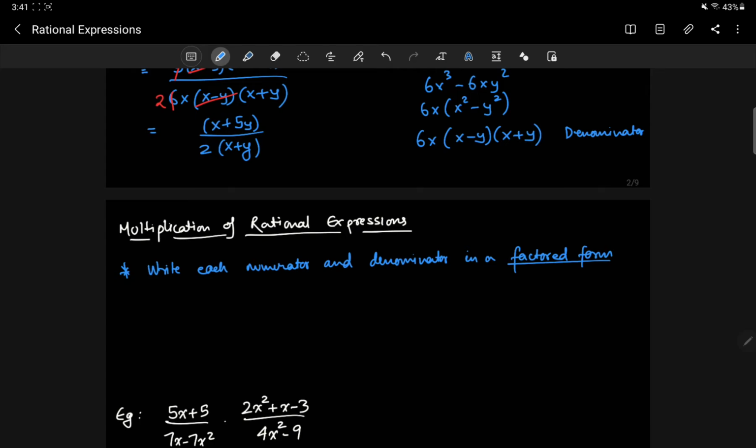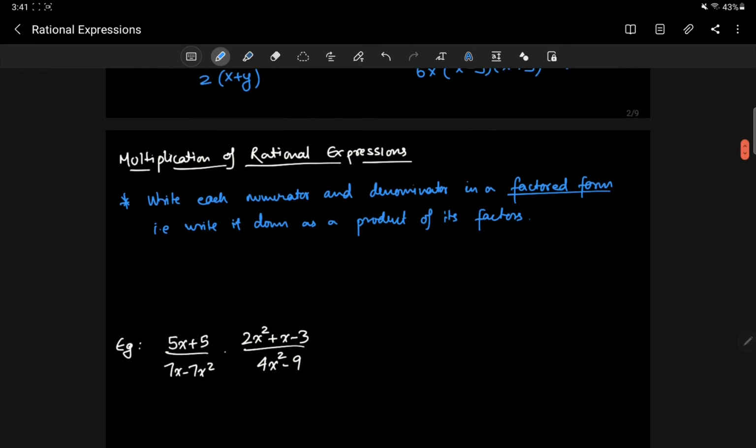Okay, what that means is write it down as a product of its factors. And then when you do that, cancel out whatever can be cancelled out.